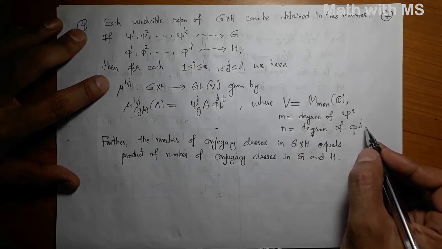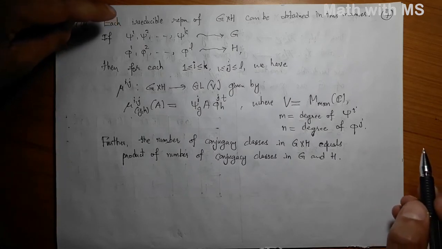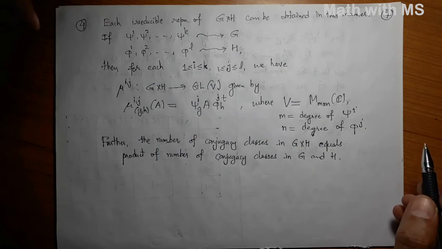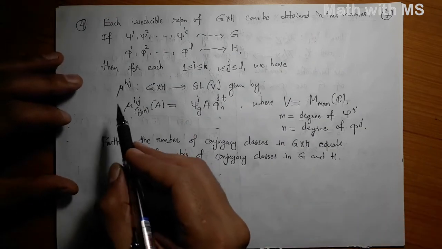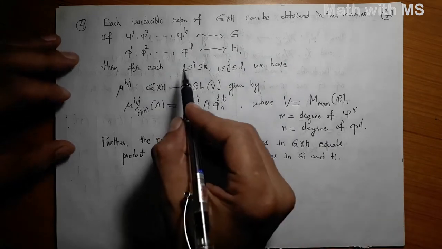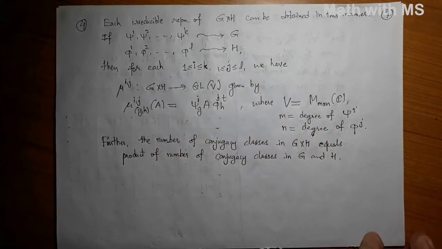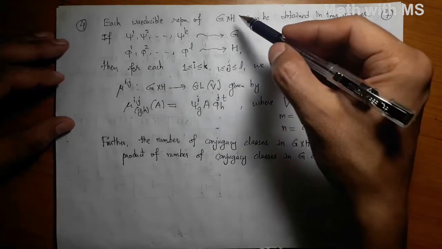Okay, so then from point number 3 we know that since psi_i and phi_j are irreducible, therefore mu_ij is also irreducible, right? And this you get for each i between 1 and k and each j between 1 and l. Therefore you have at least k times l irreducible representations of G cross H, where k is also the number of conjugacy classes in G and l is also the number of conjugacy classes in H.